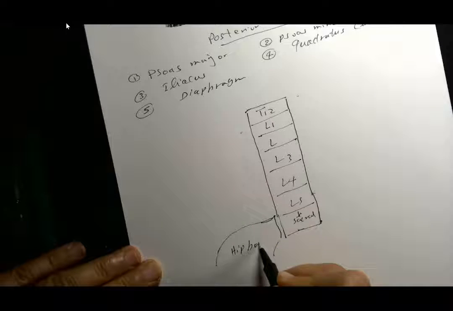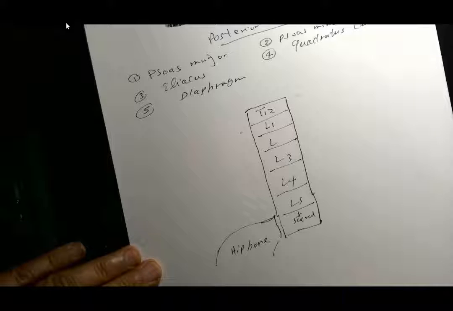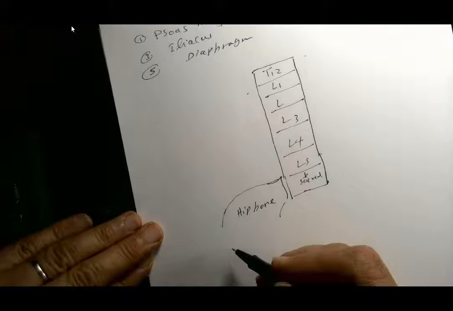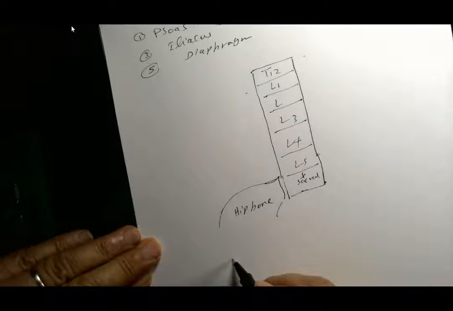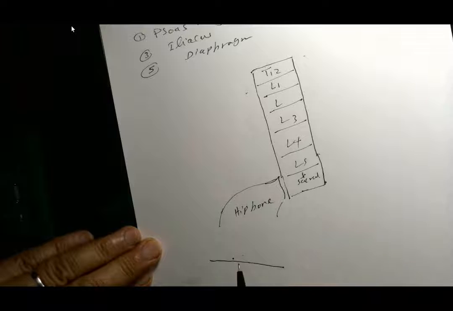Okay, and keep in mind that we have the inguinal ligament down here, where we can have it as a landmark between the pelvic and abdominal region and the lower extremity.